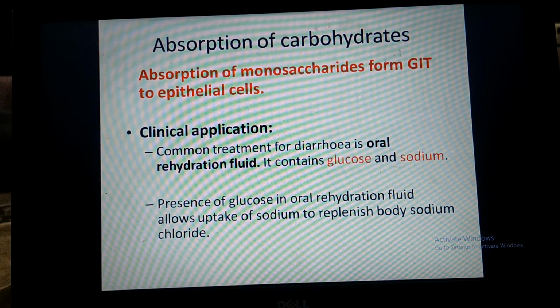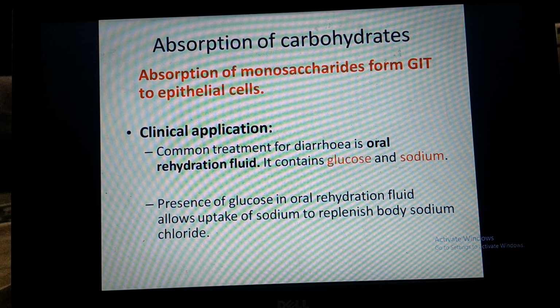Now come to clinical application. Oral rehydration solution, ORS, consists of glucose and sodium, which is used in the treatment of diarrhea.